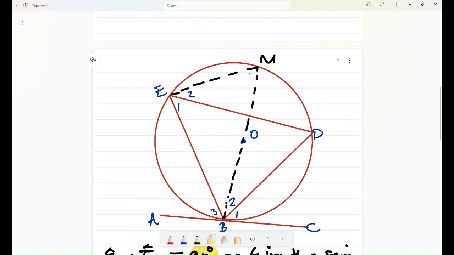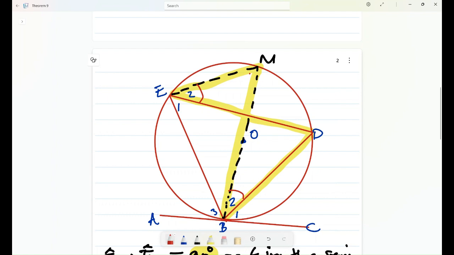Despite saying that, look at this. If I do this, I can see that this angle here, angle E2, is equal to angle B2.